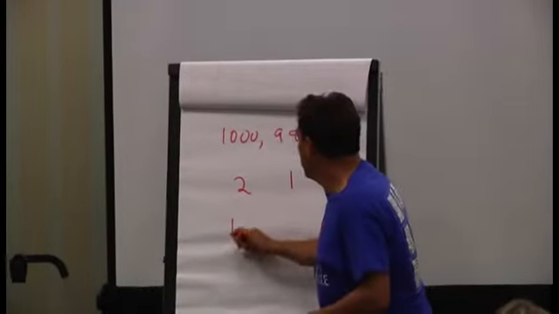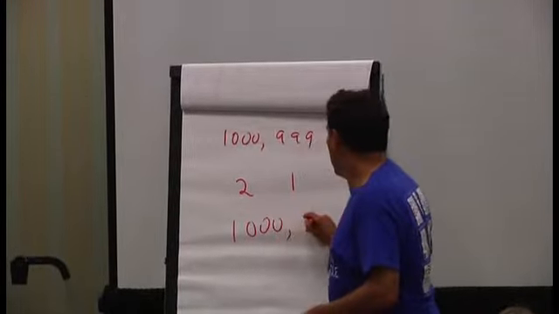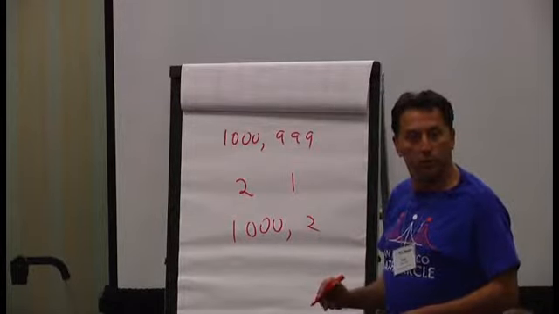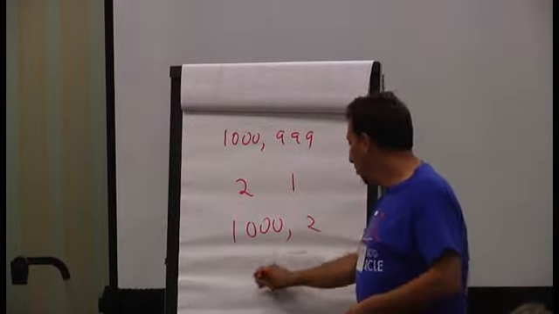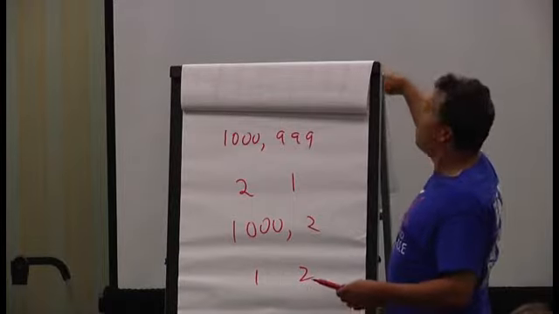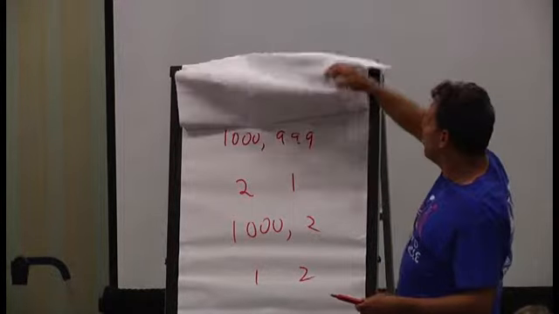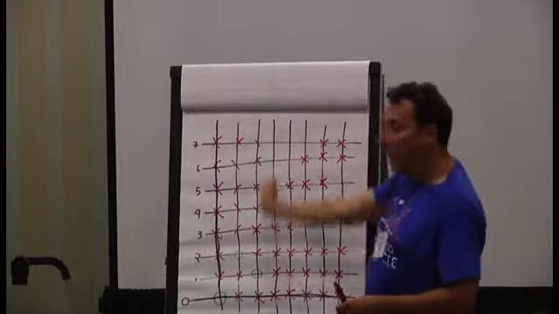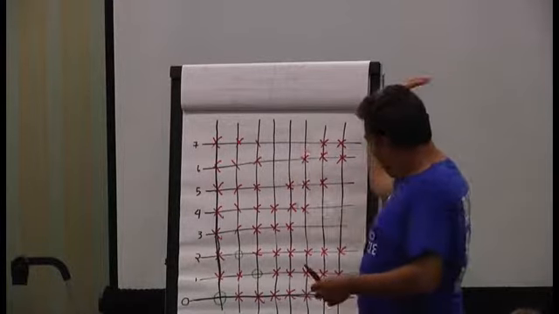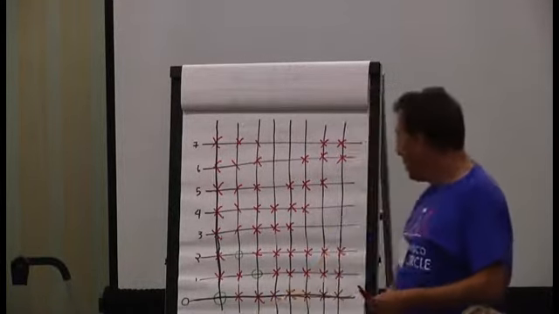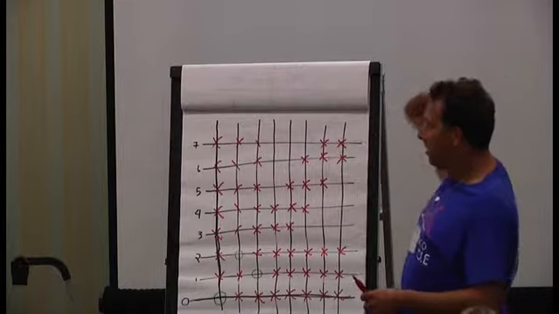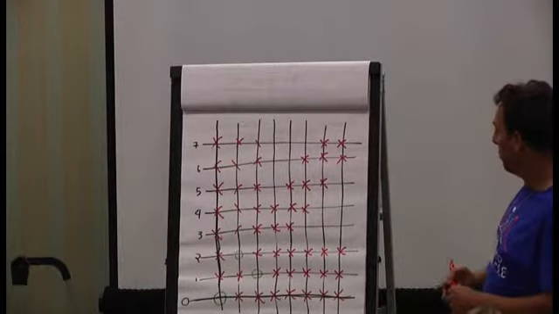Or if somebody handed you 1,000, 2, what would you do? You turn it into 1, 2. Okay, and so geometrically, that's all that you're doing. Since a legal move is a move south, a move west, or a move due southwest, we just go northeast and northeast, and we get all this redness.